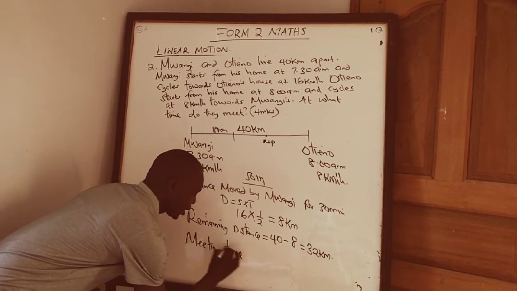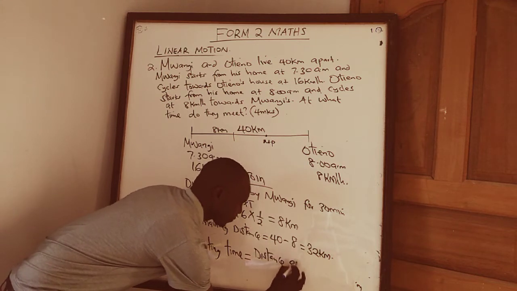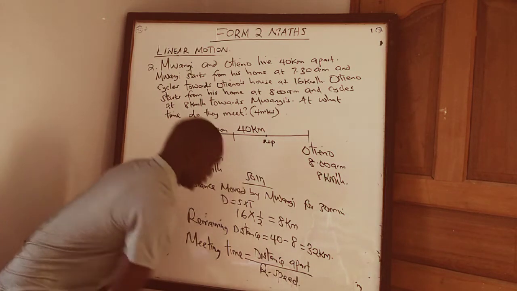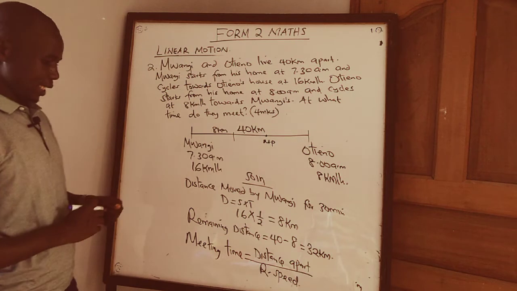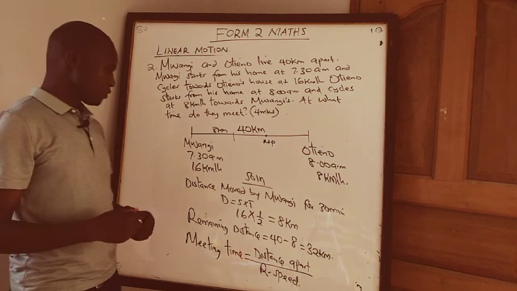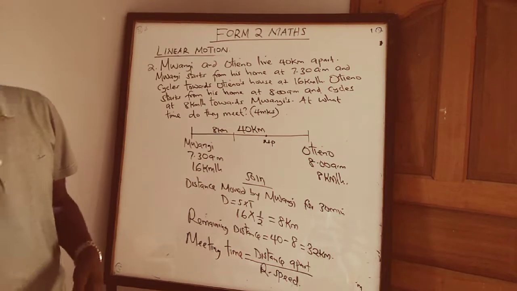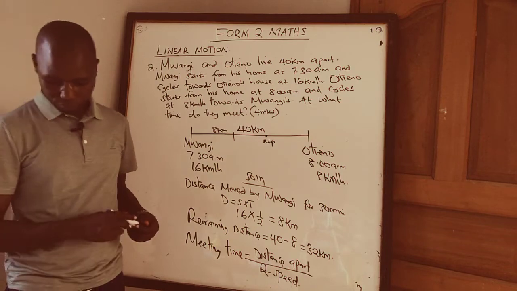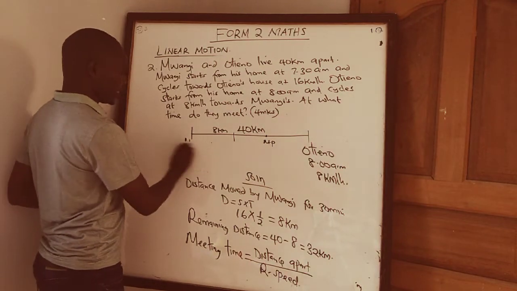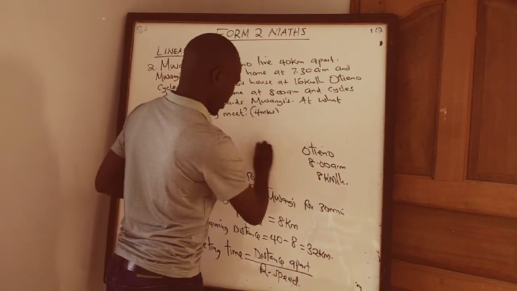Meeting time is going to be equal to the distance apart, or distance between them, divided by what we call relative speed. So to get the meeting time, we usually take the distance between the two, either vehicles or the two persons, then we divide by their relative speed.